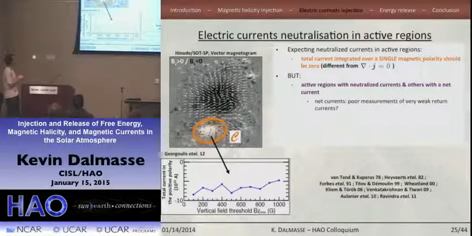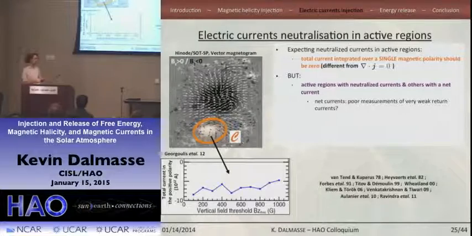It's the case of these active regions analyzed by Georgoulis et al., in which they found a total current of about -10 tera-ampere in the positive polarity. -10 tera-ampere is about 100 times the noise level. So it seems that in these active regions, there is a net electric current.